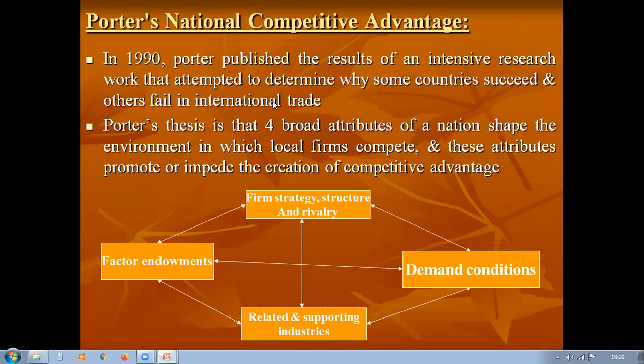And the other element is demand conditions. The existence of a larger number of sophisticated domestic consumers who are economically able and willing to consume, create and improve the demand for various products in the country.